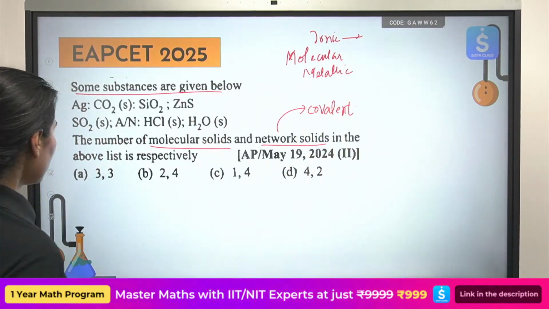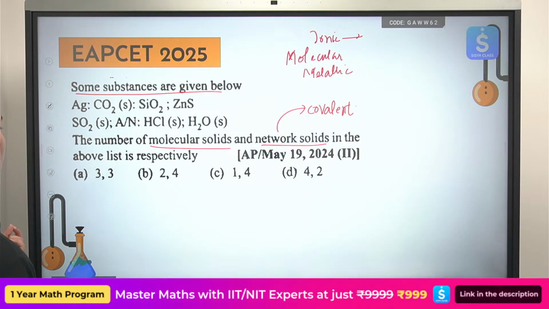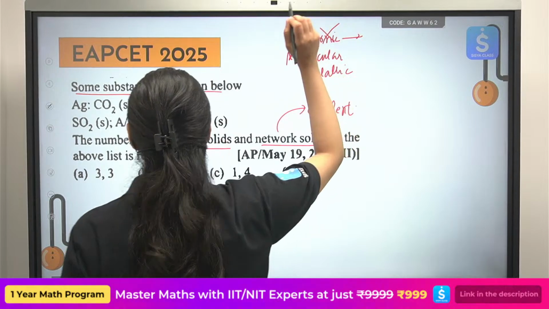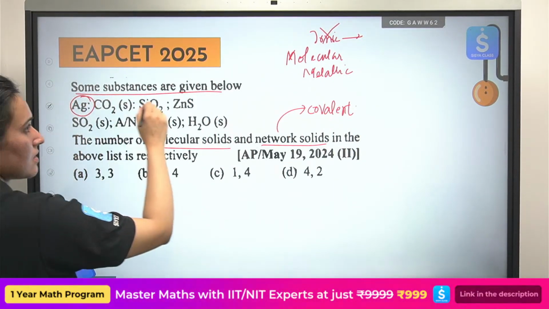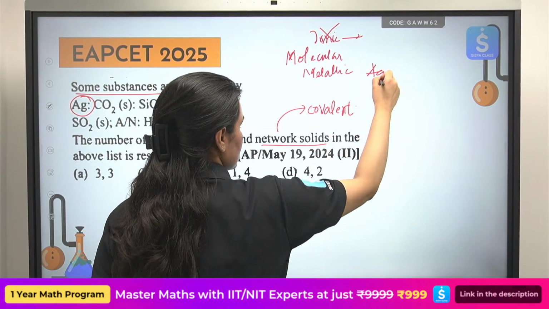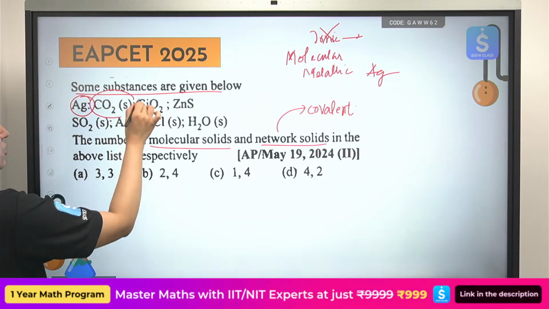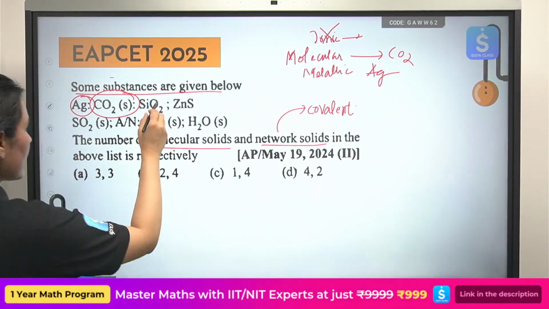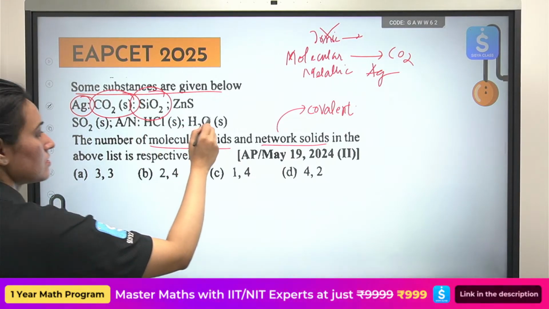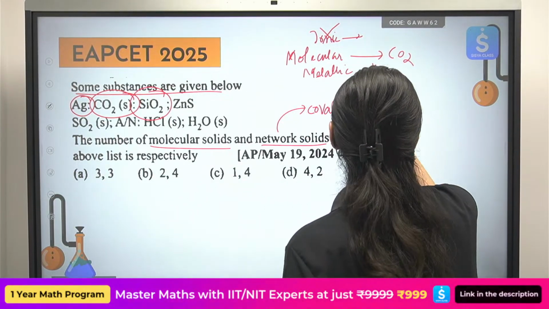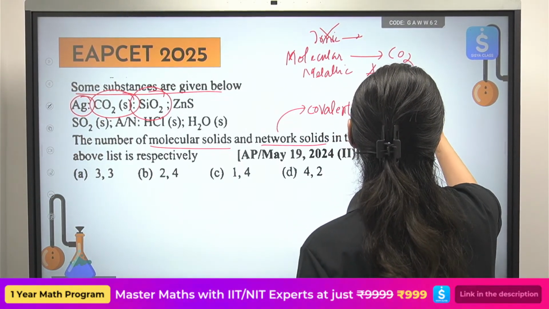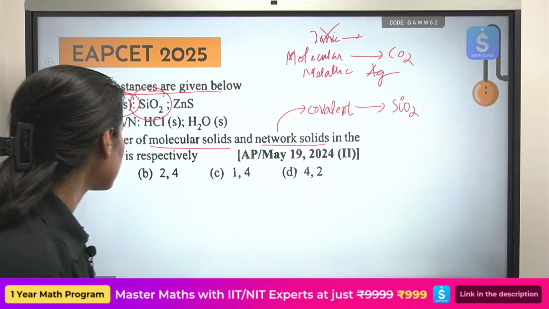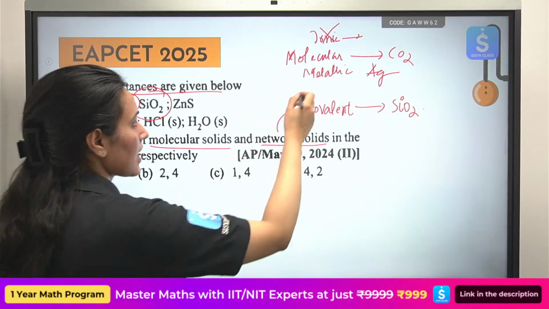Ionic, I don't see any, leave them. What about silver? Metallic, let's leave it. CO2, molecular. SiO2, covalent solid. Zinc sulfide, ionic.